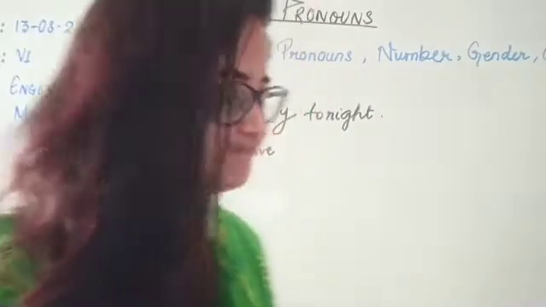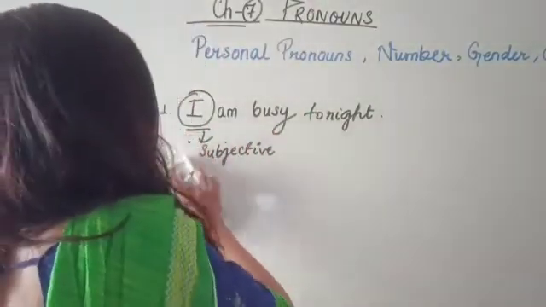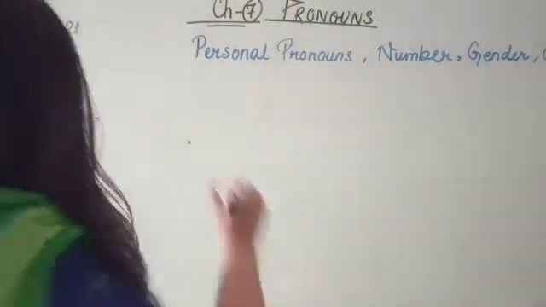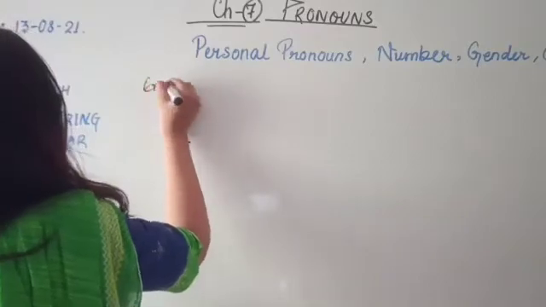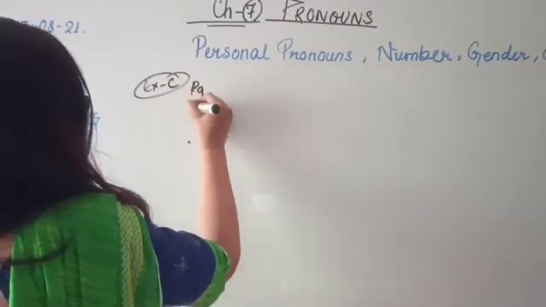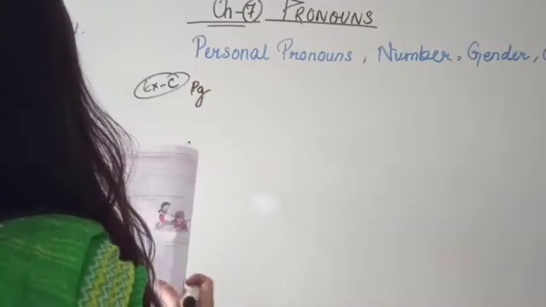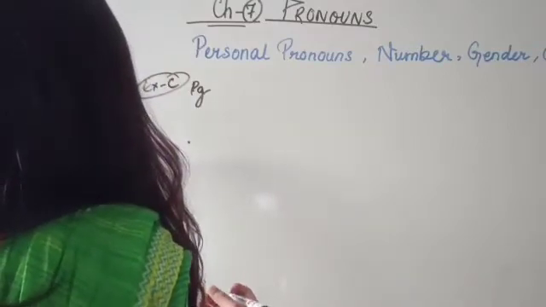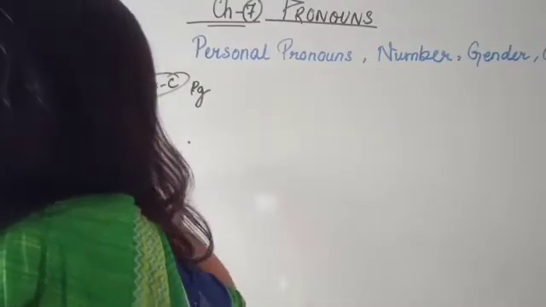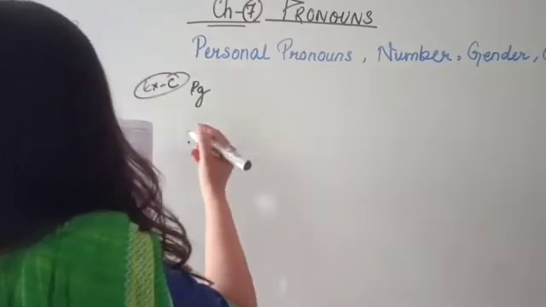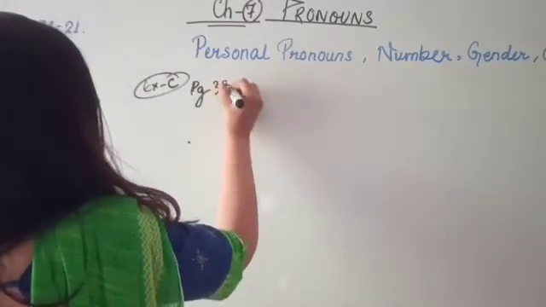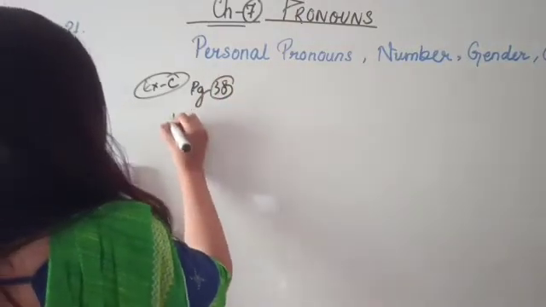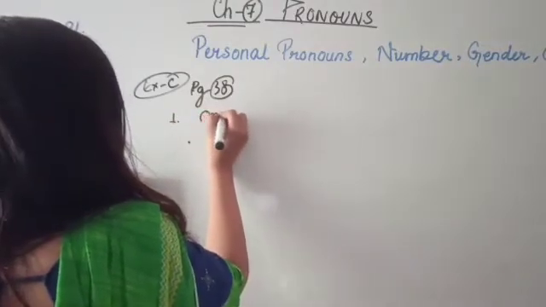Let's do it. Exercise C, page 38. Number 1, give me. First blank will be me.